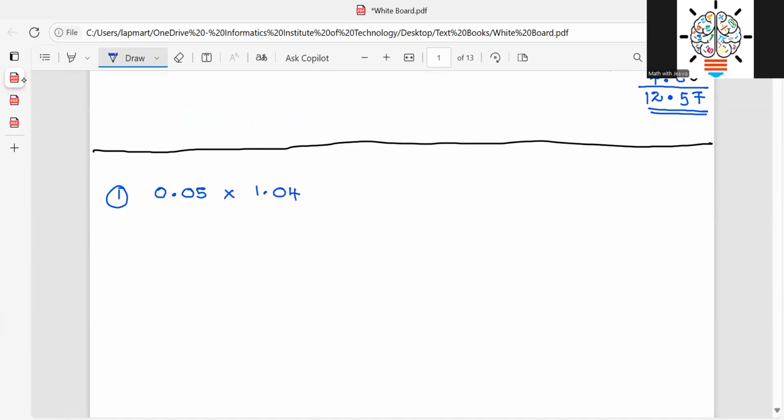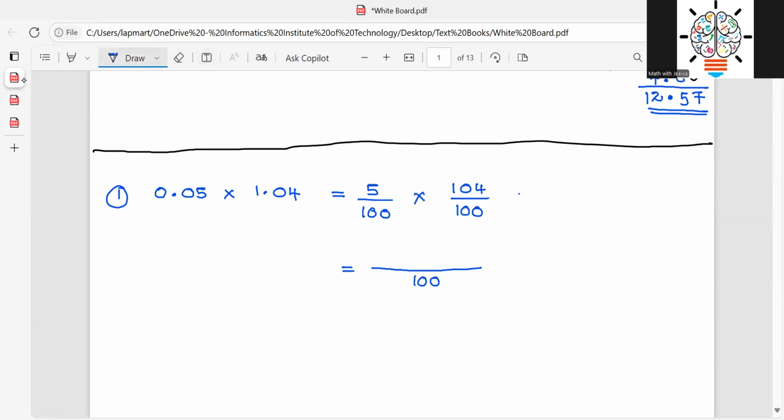One method, you convert the decimals into fractions. By now you know what to do. How? 5 divided by 100, 104 divided by 100. You have the same denominator. Oh, sorry, but this should be the multiplication.